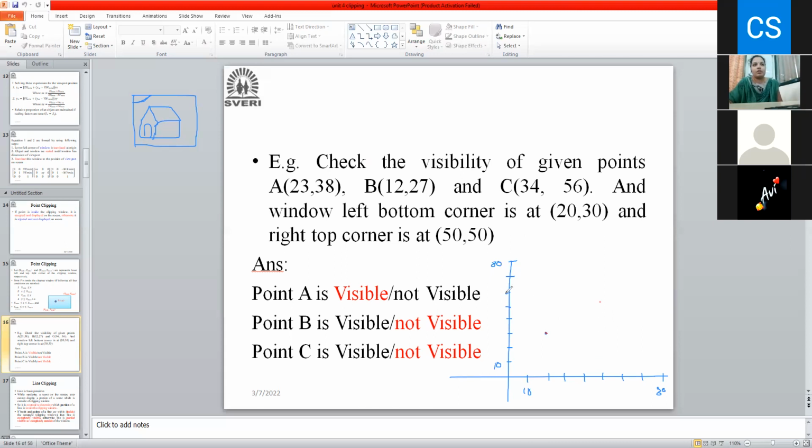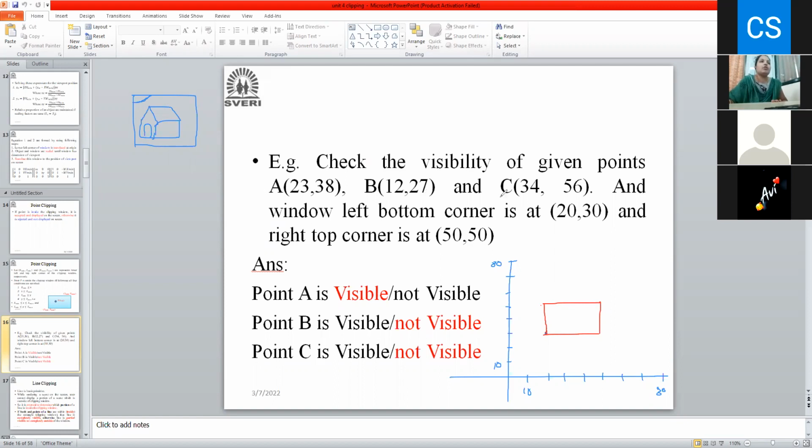So this is 50, 50 point. Okay. So this is the clipping window, the rectangle, which is having the lower left corner 20, 30 and upper right corner 50, 50.